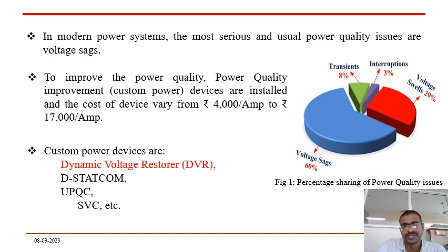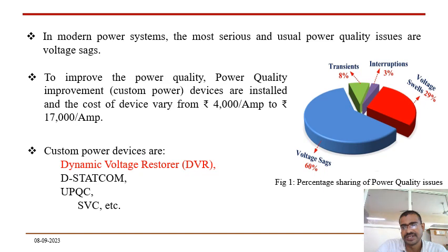In modern power systems, the most serious and usual power quality issues are voltage sags. In order to improve power quality, power quality improvement devices are installed, and the cost of these devices varies from rupees 4000 to 70,000. The percentage sharing of different power quality issues is shown in figure 1. According to this figure, the percentage sharing of voltage sag is nearly 60%.